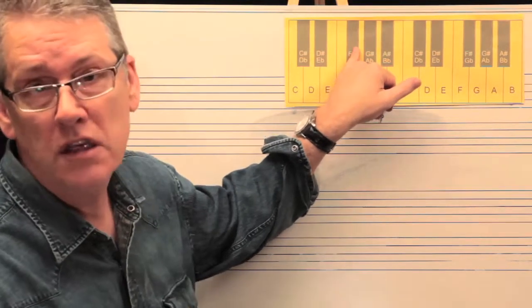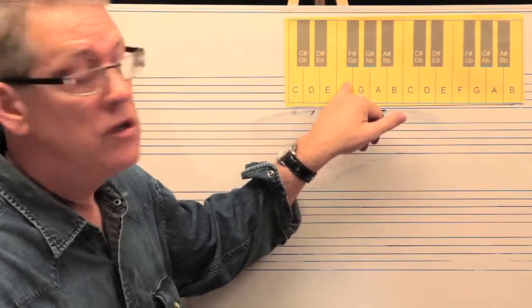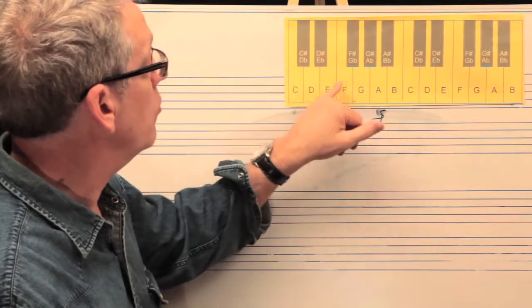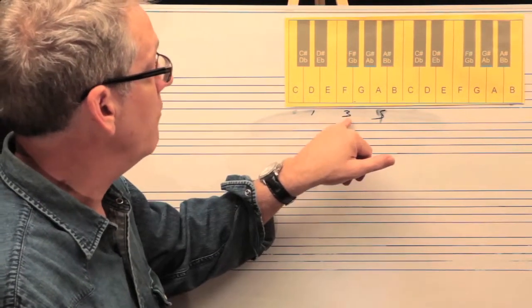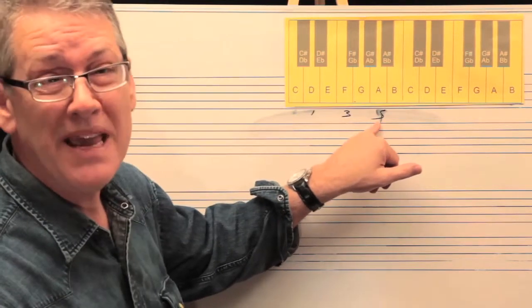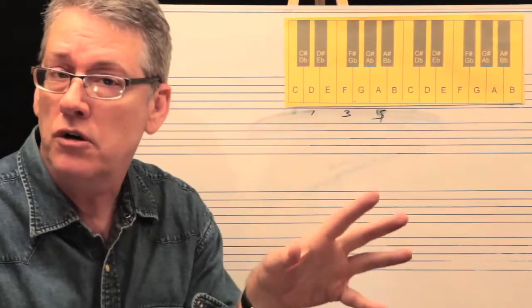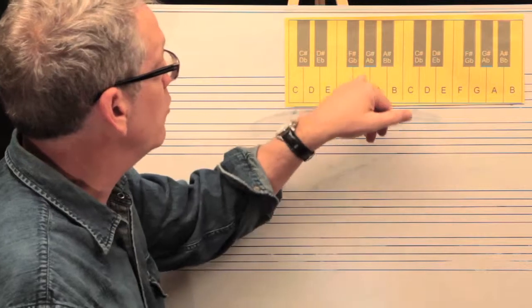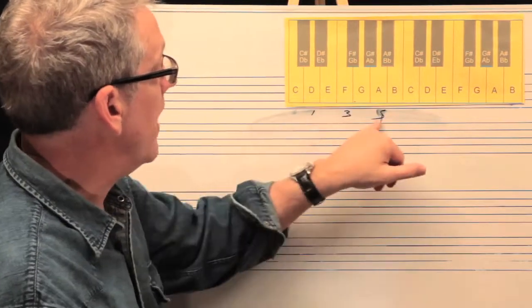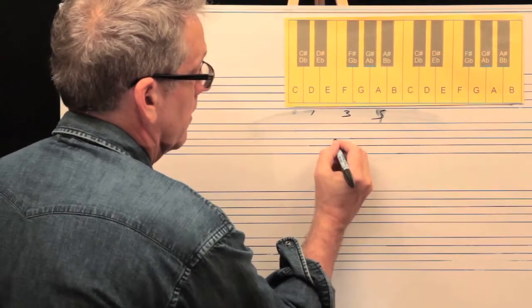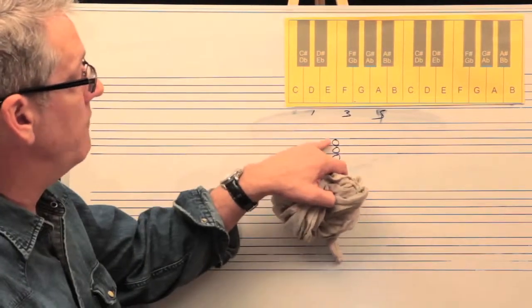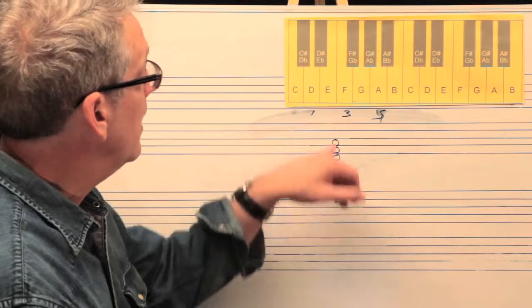F sharp is not in the key of C, but F is. So we go 1, 2, 3, a minor third, and then from 3 to 5 in a minor chord is a major third. It's just the reverse of a major. So it'd be 1, 2, 3, 4 half steps. So there you have the 2 chord, and it would look like this: D, F, and A if you wrote that out.